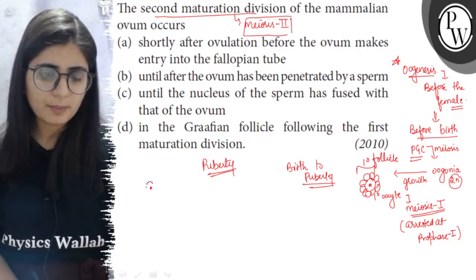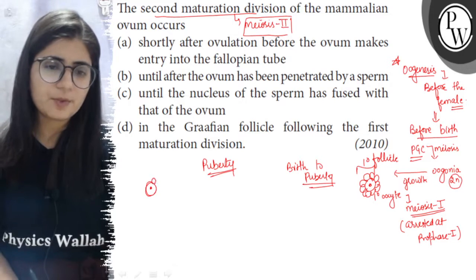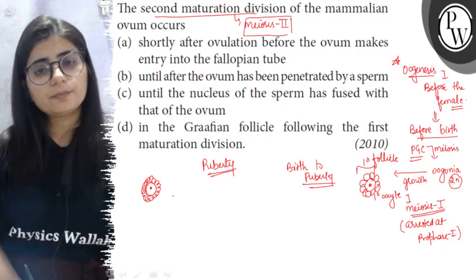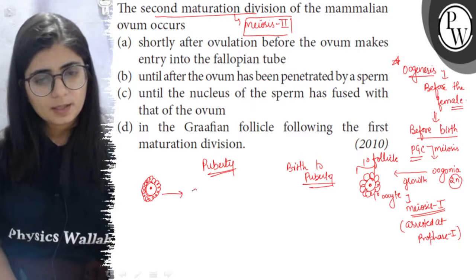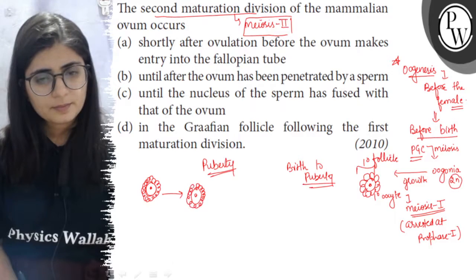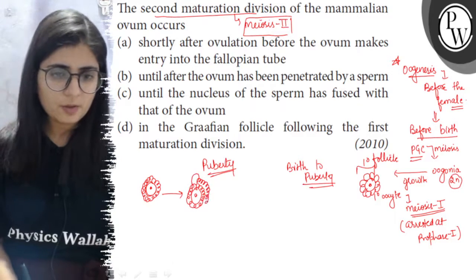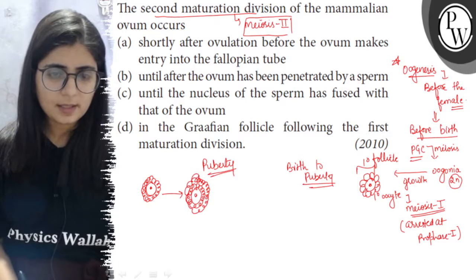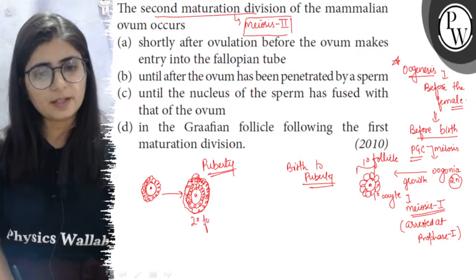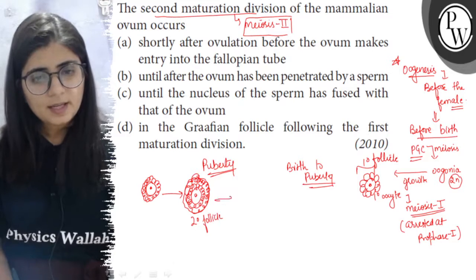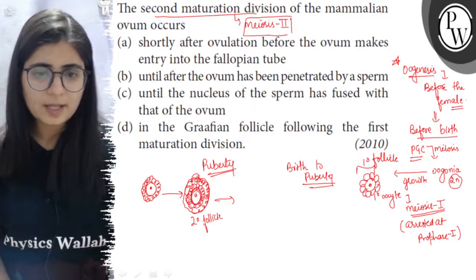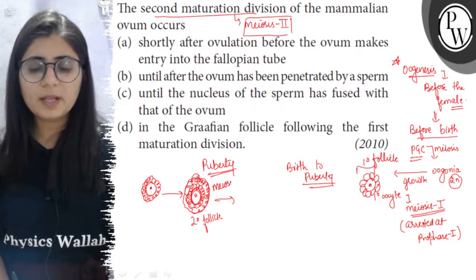The primary follicle, which has a primary oocyte surrounded by a single layer of follicular cells, continues its growth and forms multiple layers of cells, and also leads to formation of a covering. This is called the secondary follicle. Now the secondary follicle will change into tertiary follicle, and at this time meiosis I will be completed.